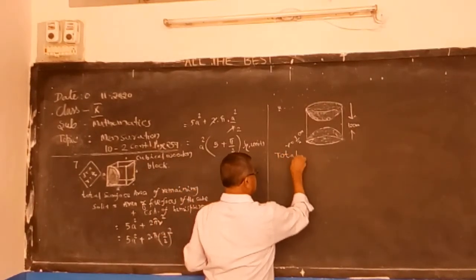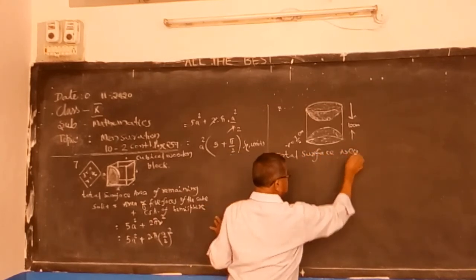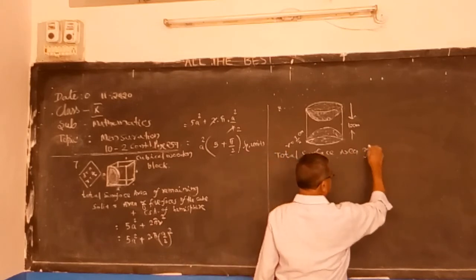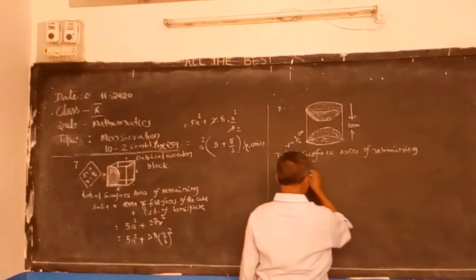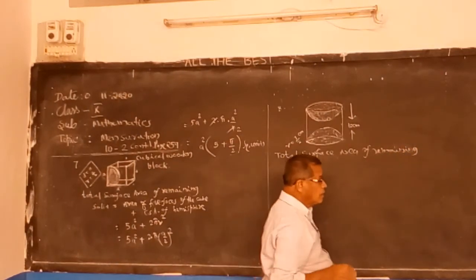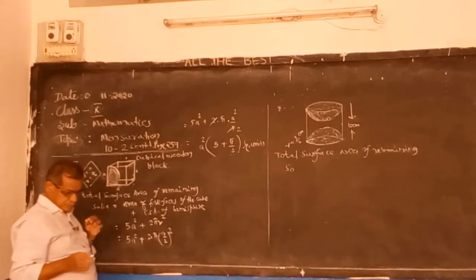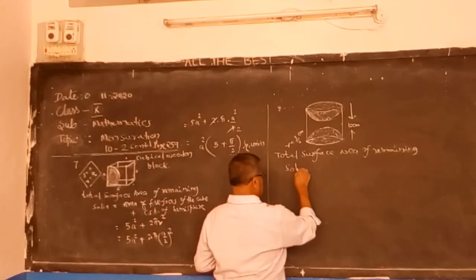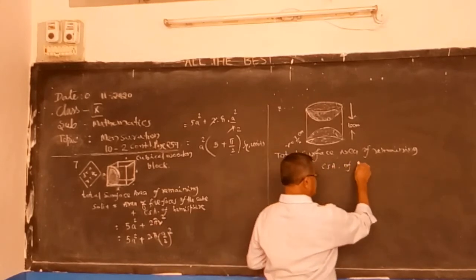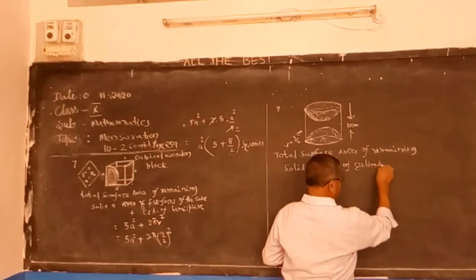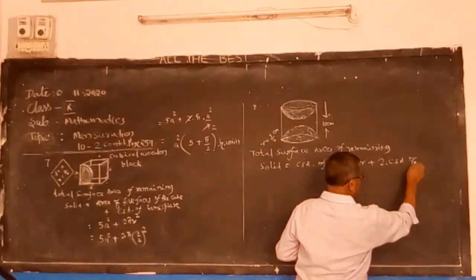Total surface area of the remaining solid is equal to CSA of cylinder plus 2 into CSA of hemisphere.